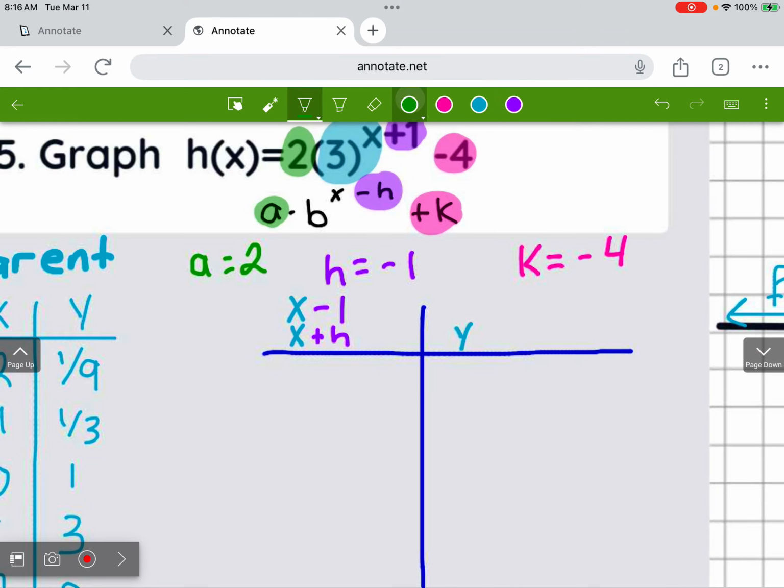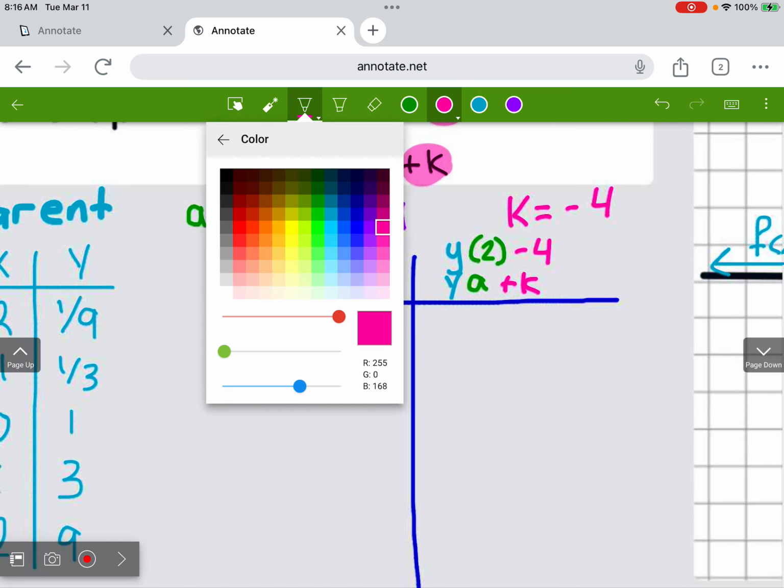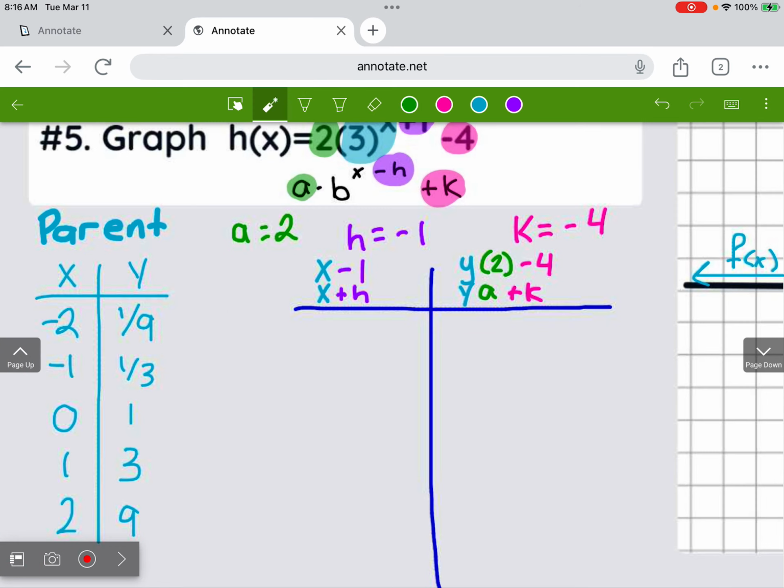For my y's, we go times a and then plus k. So we're going to take our y's, then they're times 2, and then -4. Looking at the pieces we have, taking my x's from over here, I'm going to have my -2, and then we need to subtract 1.